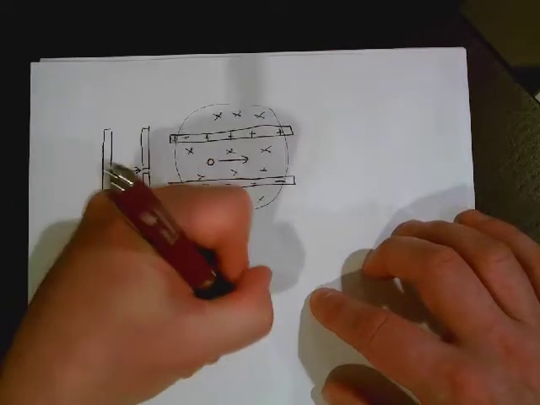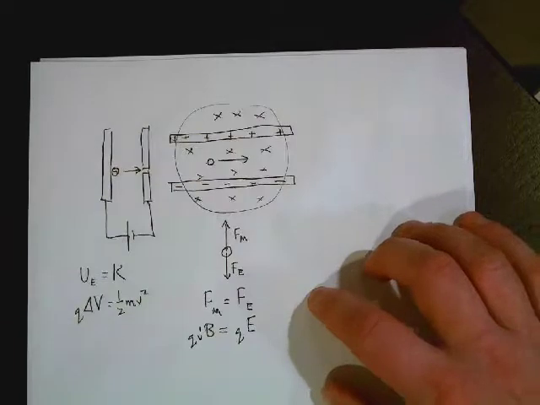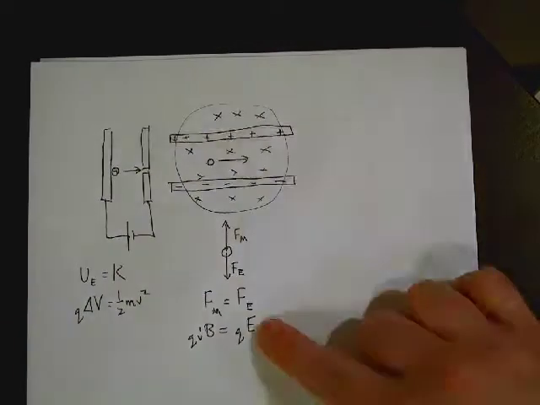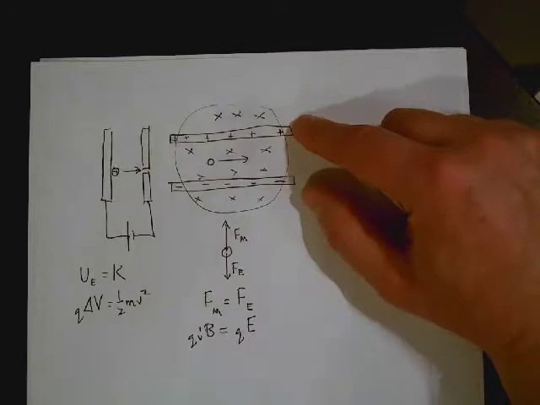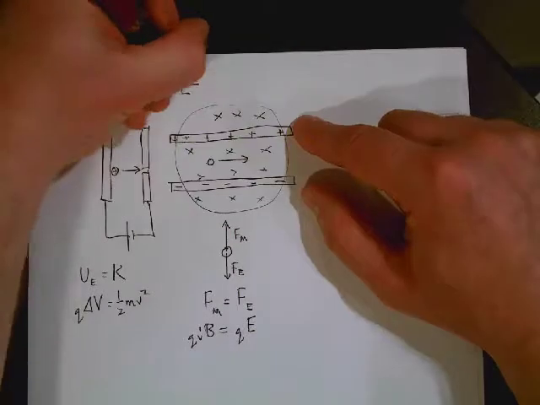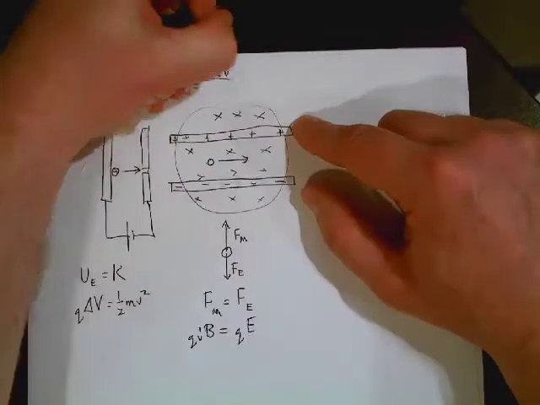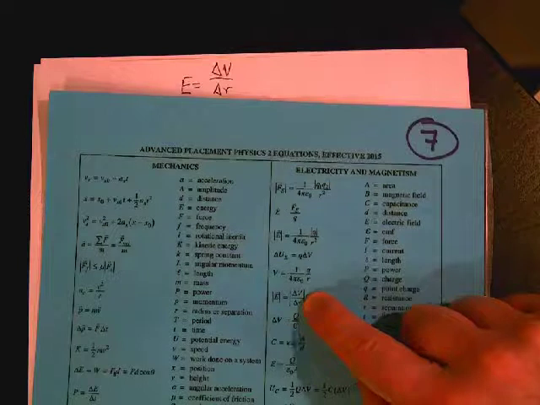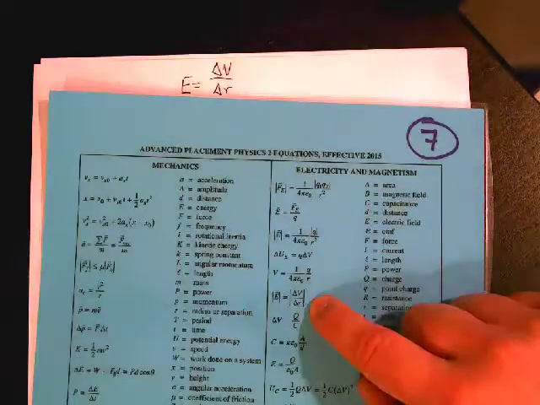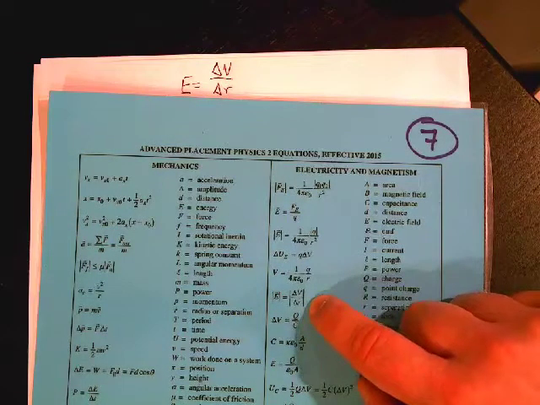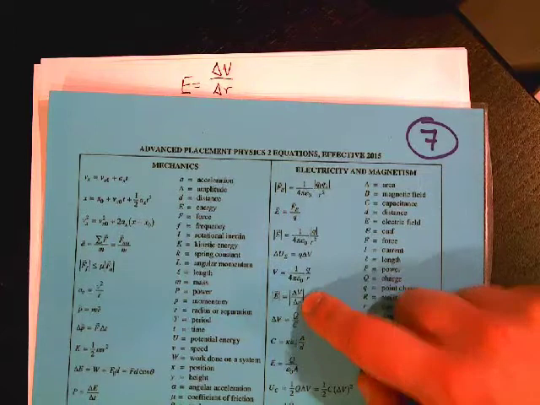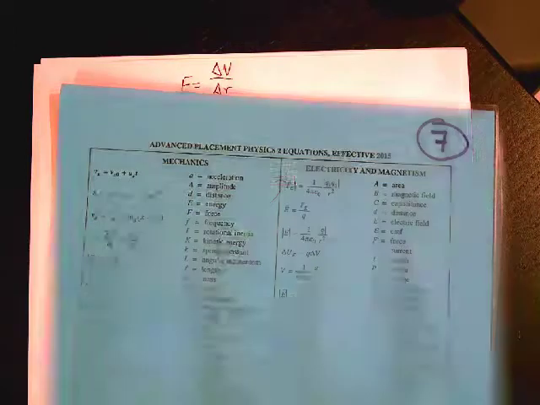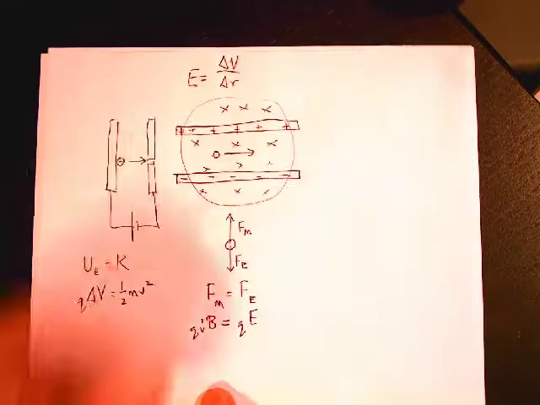And then if you set these 2 equal to each other, you would get QVB equals Q times E, where E is the electric field. Remember, parallel plates. To find the electric field, it's change in voltage over R. Again, on your formula sheet, right here.